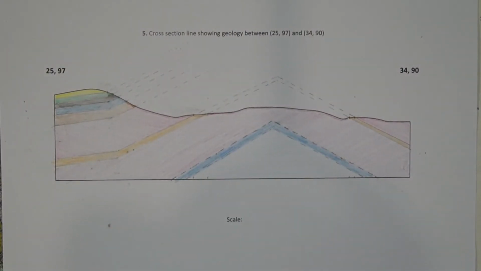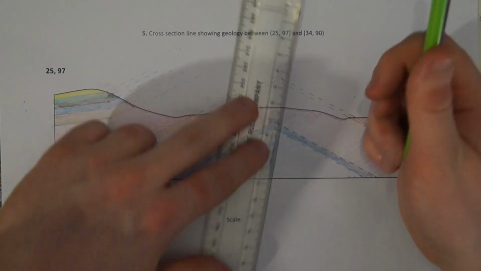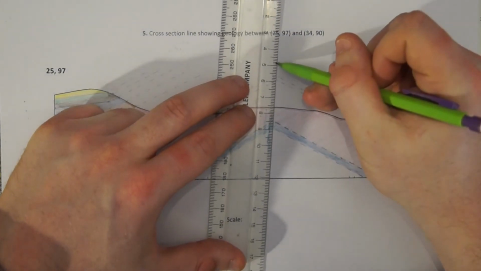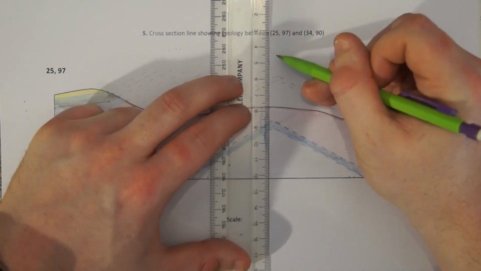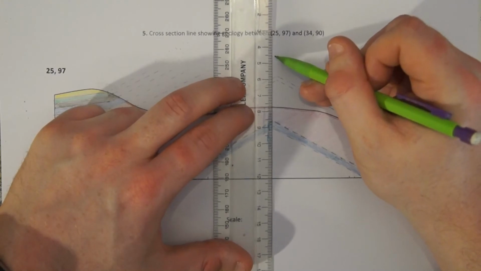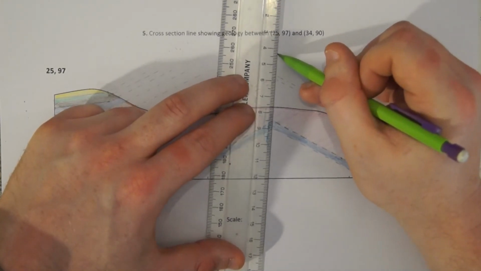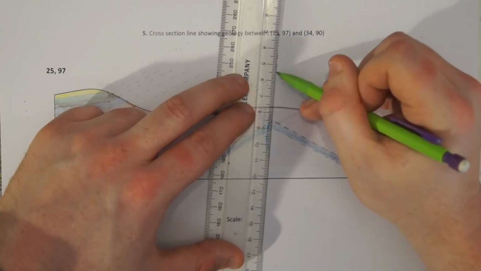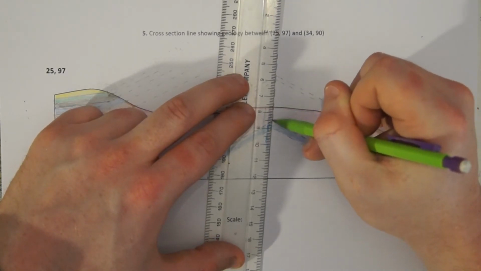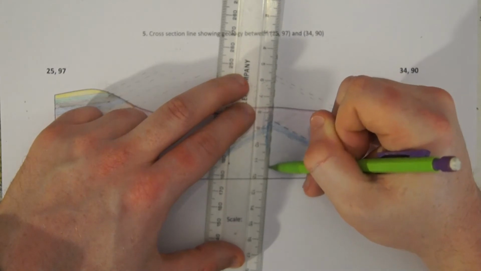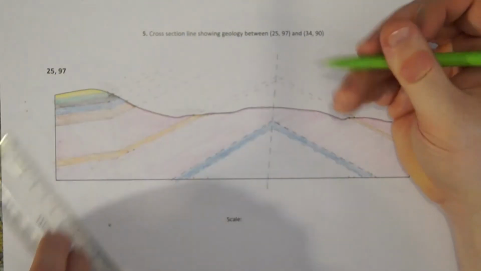Now, one thing that we might want to add on is our interpretation of where our fold hinge is, which I guess would, if we were to connect our fold hinges of our layers, go something like that.